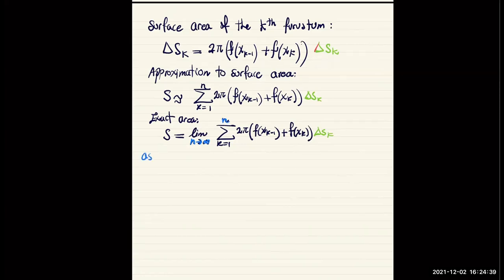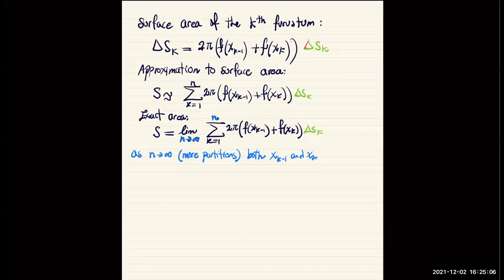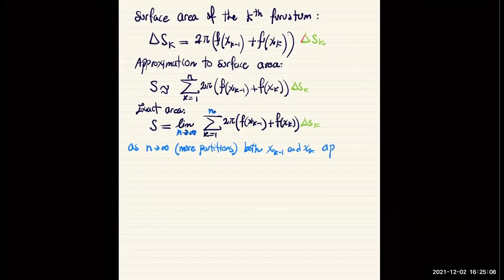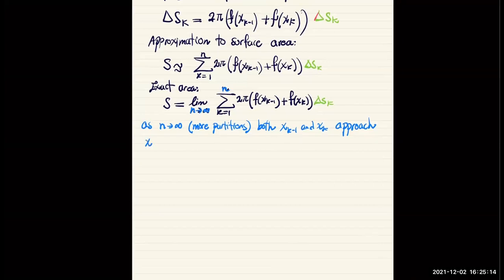Okay, so as n goes to infinity, again, which means more partitions, both x_{k-1} and x_k approach that sample point, x_k star.